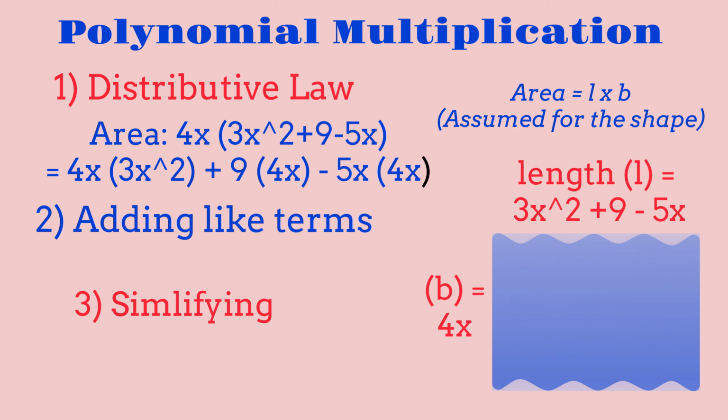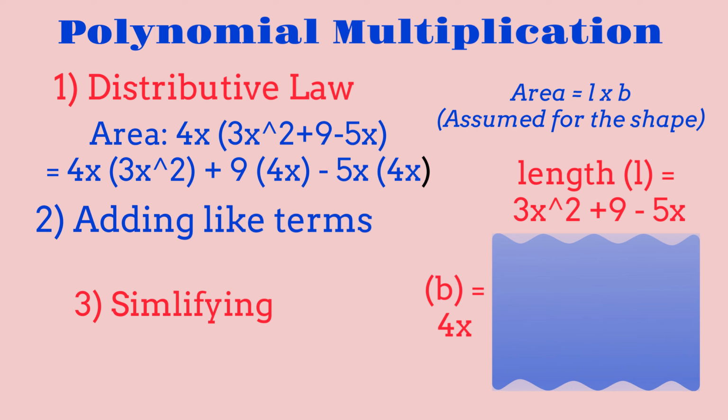For the 3x squared, we're just going to multiply that by 4x, and then we're going to do plus 9 multiplied by 4x, and then minus 5x times 4x. Basically what we did here is that we just multiplied each single term by 4x. This is how our equation looks after distributing everything: 3x squared times 4x plus 9 times 4x minus 5x times 4x.